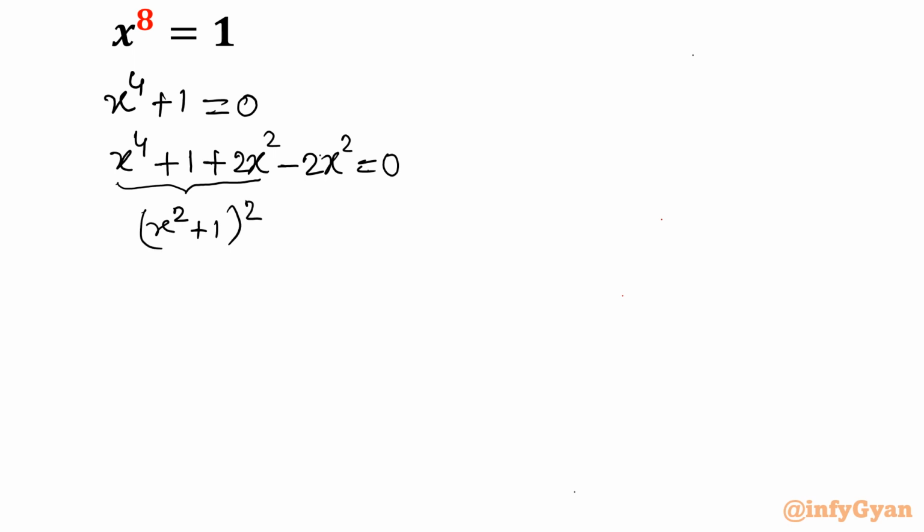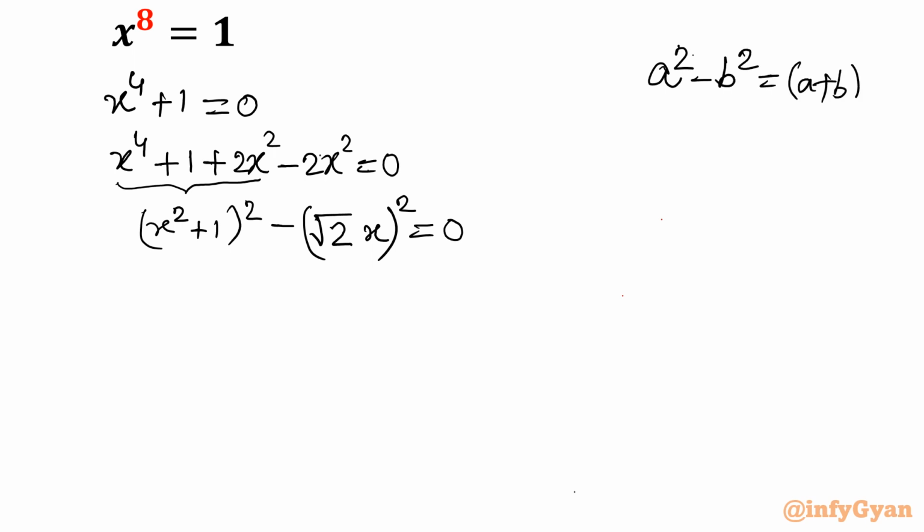X square whole square is x power 4, plus 1 whole square, so that is the second term, 1, twice ab, so 2x square, and minus 2x square, which I will write in the form of root 2 times x whole square equal to 0. Now again I will apply the difference of squares formula, a square minus b square is equal to a plus b times a minus b.